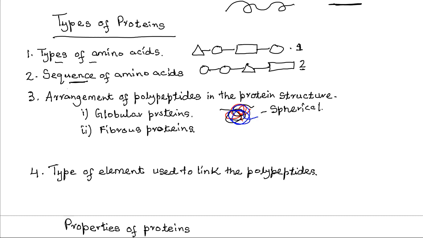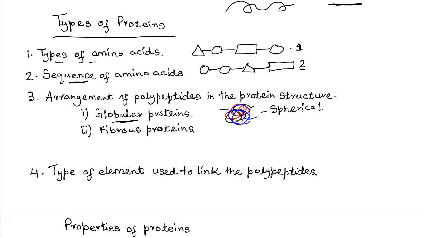This type of proteins are known as globular proteins. The globular proteins are roughly spherical in shape, and in their structure, the polypeptides are coiled to form roughly spherical structures.